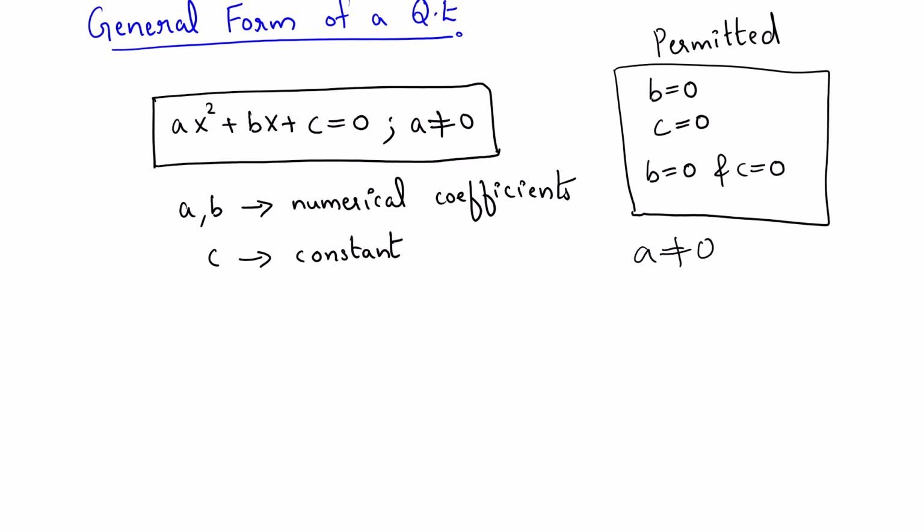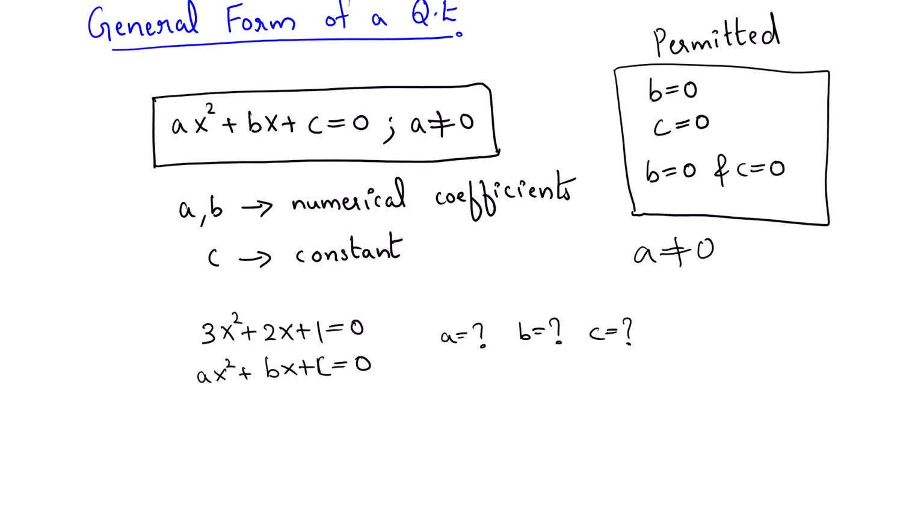Now let's take a few examples and identify which is a, which is b, and which is c. Okay, so take the example 3x square plus 2x plus 1 equal to 0. Now from this we have to find what is a, what is b, and what is c. For this, just compare this given equation with the standard equation ax square plus bx plus c equal to 0. Now compare.